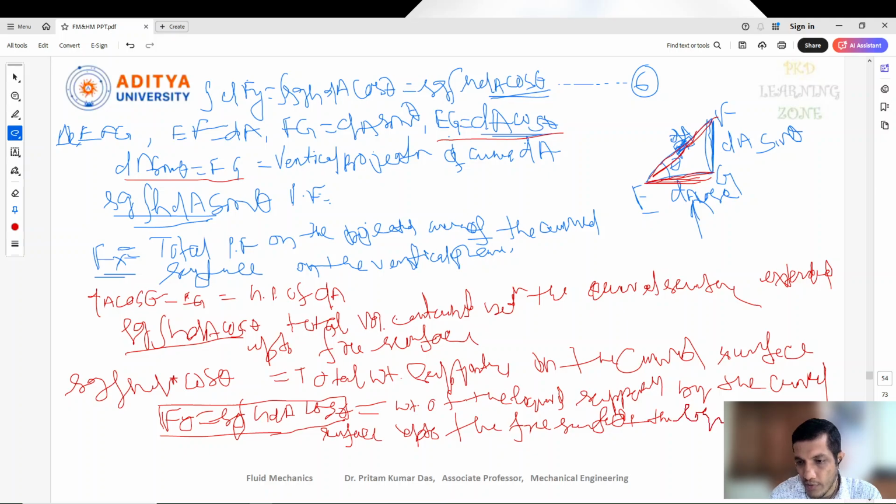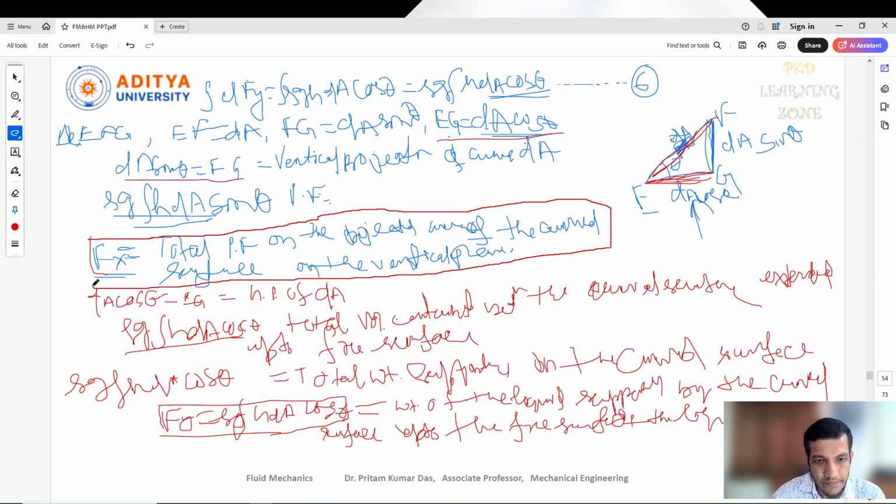It's very simple. Now we got Fx equal to the total pressure force projected on the curved surface up to the vertical plane, and Fy is the total weight of the liquid supported by the curved surface.